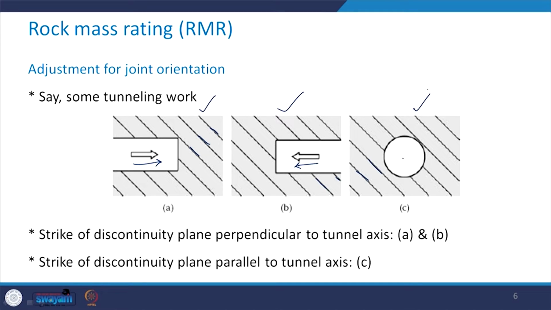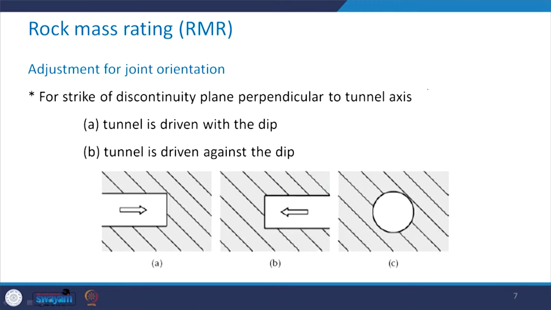How do we decide which one is favorable and which one is not? For a strike of the discontinuity plane which is perpendicular to the tunnel axis, that means these 2 cases, the first situation can be that the tunnel is driven with the dip. You see that all the discontinuities are dipping in this direction.